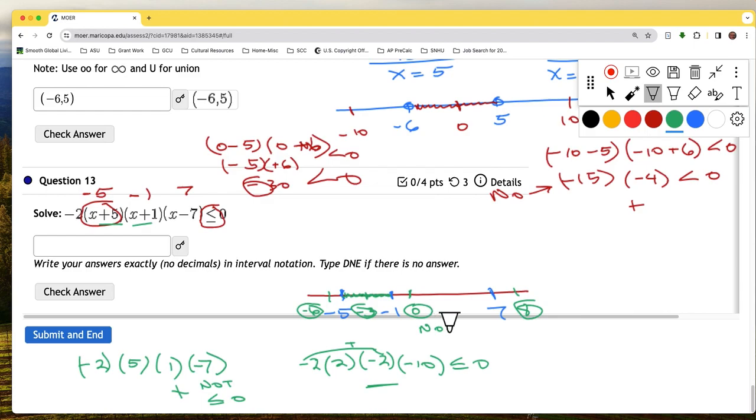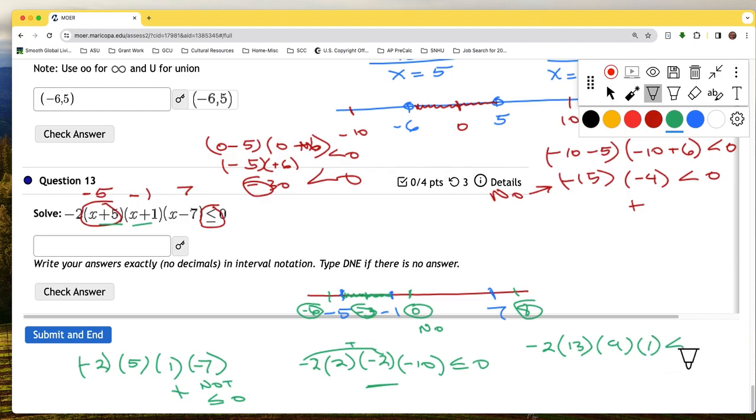Okay, we check this one, that doesn't work, so we're going to check 8. And again, I come over here, I get my -2, sorry, check +8. 8 plus 5 is 13. 8 plus 1 is 9. 8 minus 7 is +1.